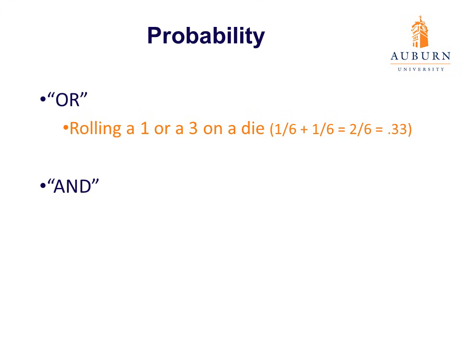There are overall 6 sides, so the specific outcome is still 1, and all possible outcomes is still 6. So I have a proportion of 1/6 plus another proportion of 1/6, and if I add those together, I get a proportion of 2/6. If I turn that into a probability, I take 2 and divide by 6, and that gives me a probability of 0.33.